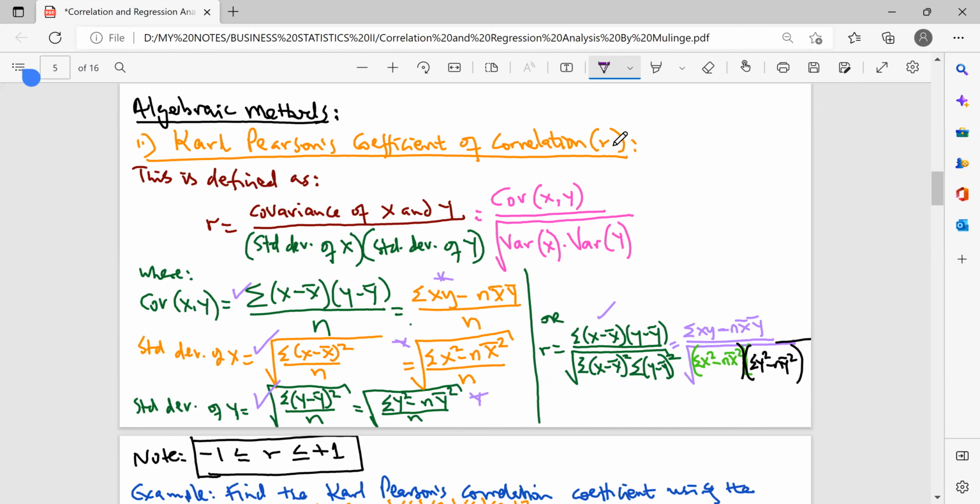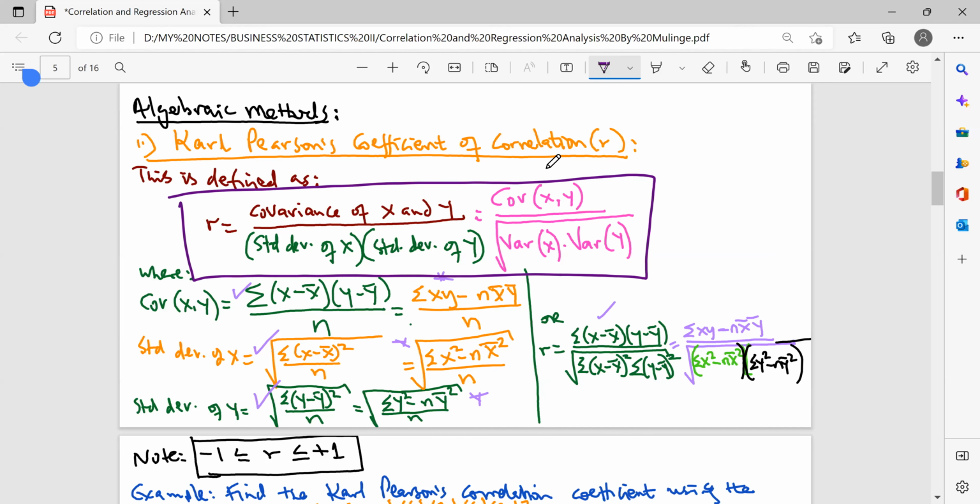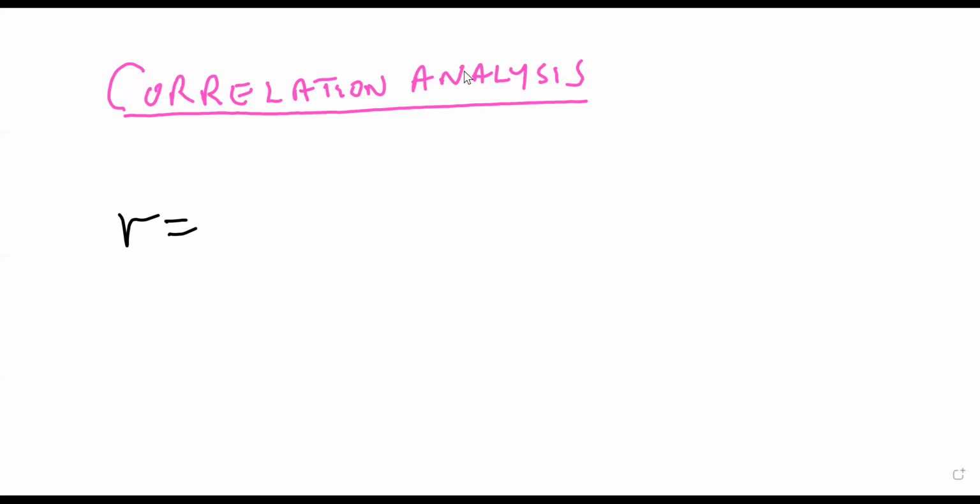And the definition of Karl Pearson's correlation coefficient is as given here. So let me switch the display so that we can have some more details on the same. Yeah, so I was saying that Karl Pearson's correlation coefficient can be defined as this.